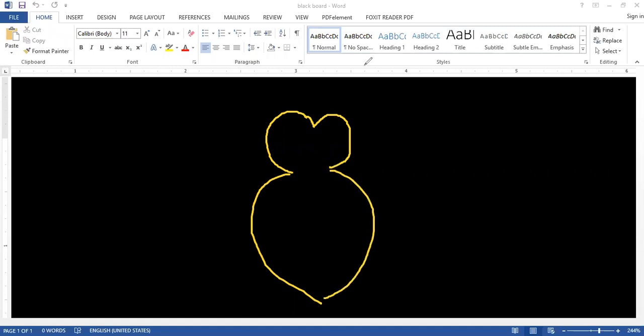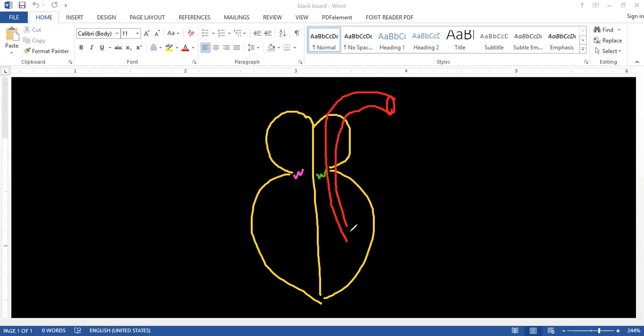If this is the heart, there are four chambers. Between this one is the left bicuspid valve, and this is the tricuspid valve. And as I said earlier, from here there is a tube which is starting, that is the aorta or systemic artery.